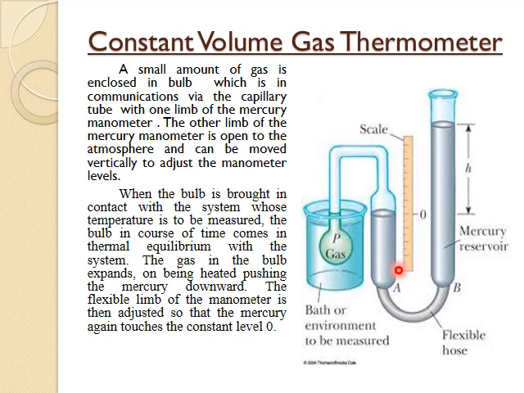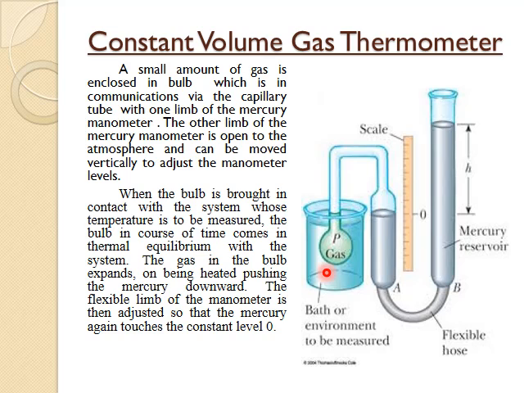Now we can measure the difference in the height of the mercury levels in the U-tube manometer. This change in height will be used to measure the temperature of the bath. That is why it is called a constant volume gas thermometer.